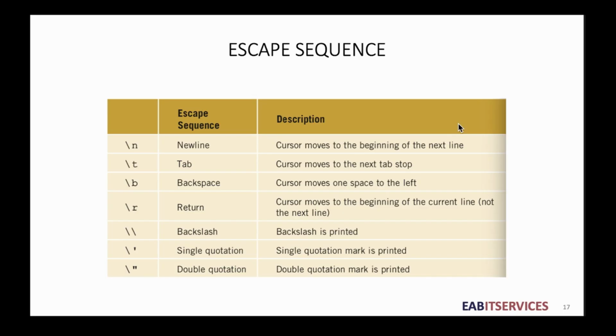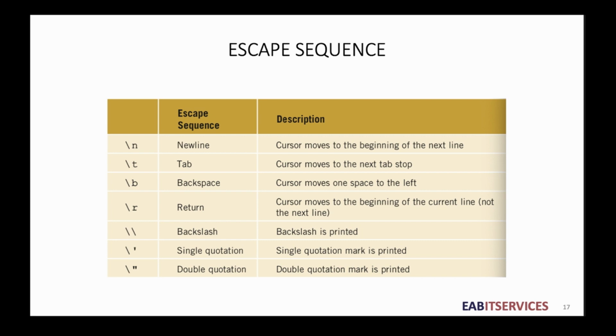If you want to print the backslash, you look at it. If you want to print the single quotes, or the double quotes, you just do it. So these are very important. They manipulate how the print statement works and allow us to assign certain characters that in a normal way we may not be able to have in our expressions.